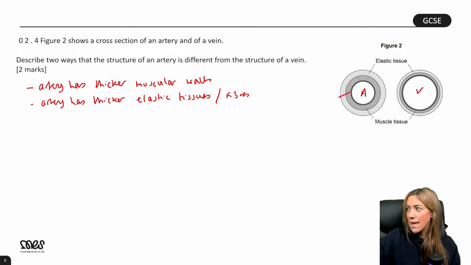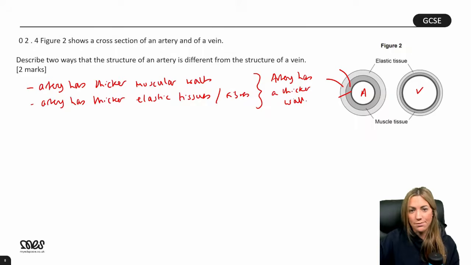And you can see those layers here. So you've got the muscle tissue here, you've got the elastic fibers here. Both of those layers are thicker. Now, if you don't get both of those marks, you can get 1 mark for just saying the artery has a thicker wall. But that would just be 1 mark, okay?